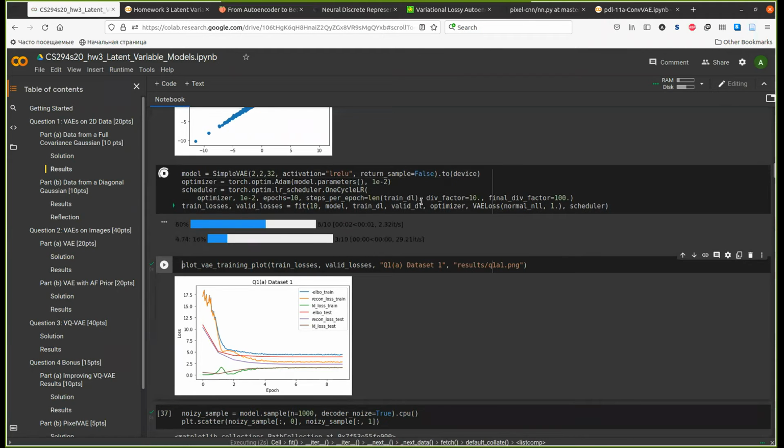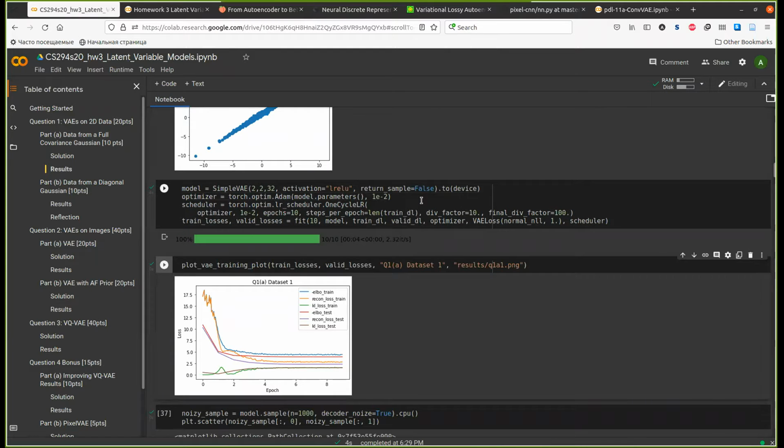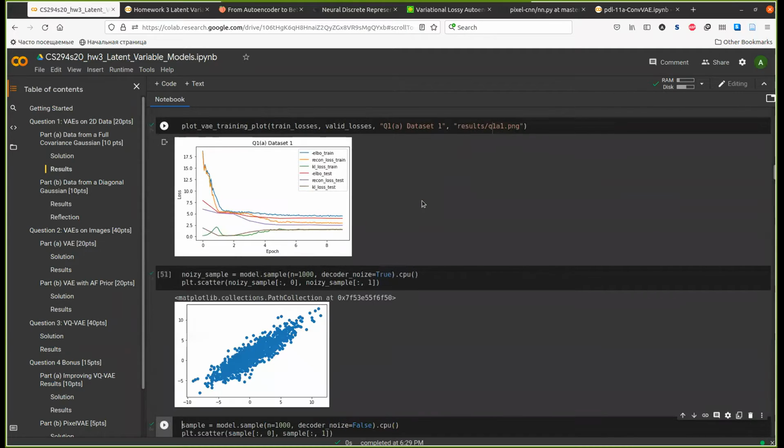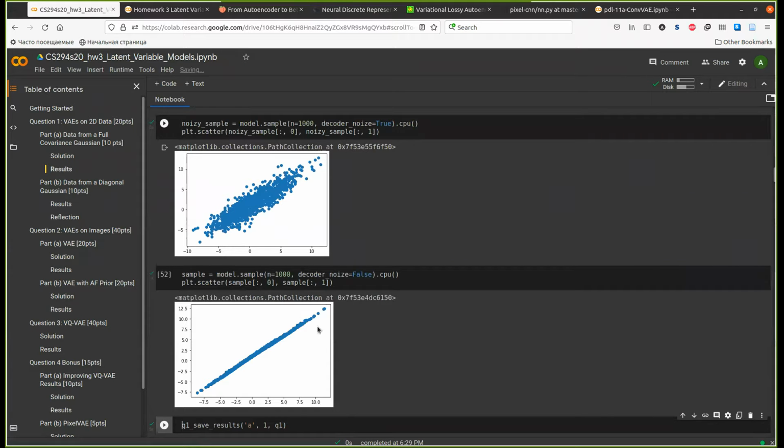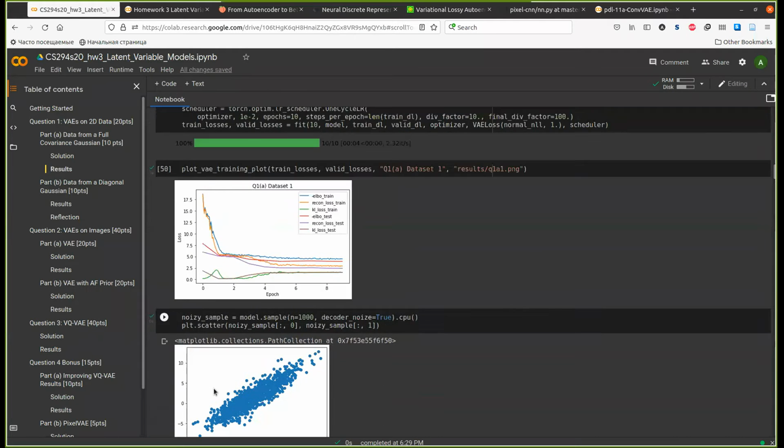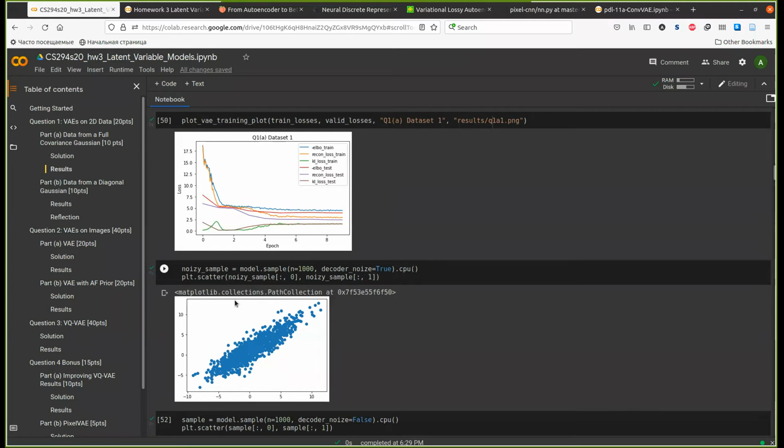For this case, here are noisy samples and here are the samples without noise, and you can see that without this so-called decoder noise, we again have the same means for the distributions of our x. But we also learned the variance of this distribution, right?